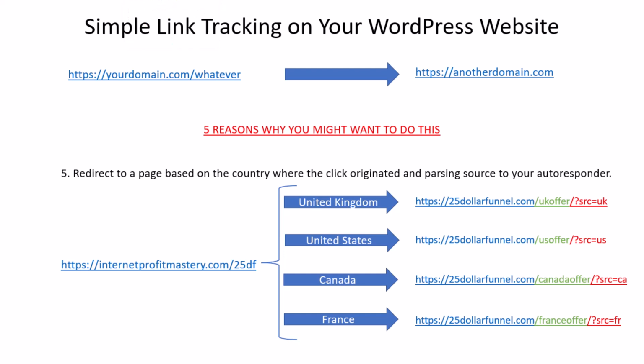So what this is actually doing is sending you to a page called $25funnel.com/UK offer. That's the page, and the src equals UK is sending that data into my autoresponder.